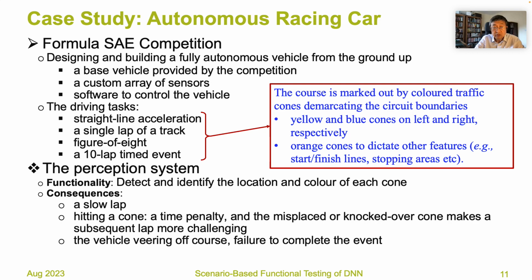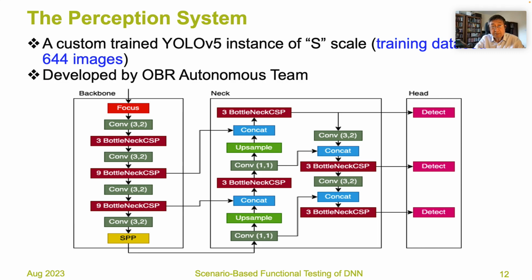The vehicle could veer off the course and fail to complete the event. The perception system is a deep neural network called YOLOv5. It is custom trained using a data set of more than 640 images. It was developed by our racing team.